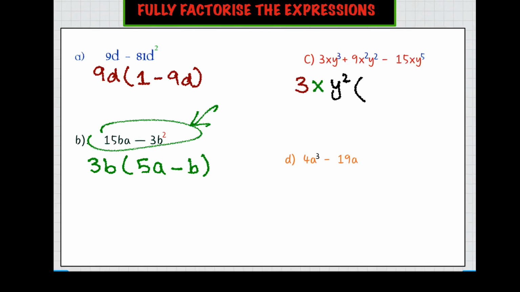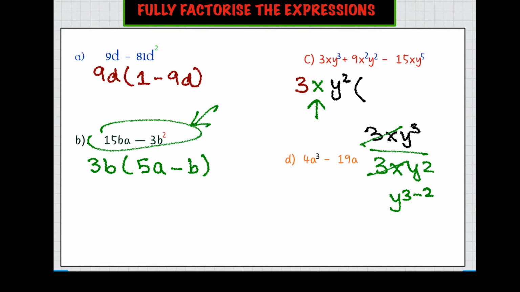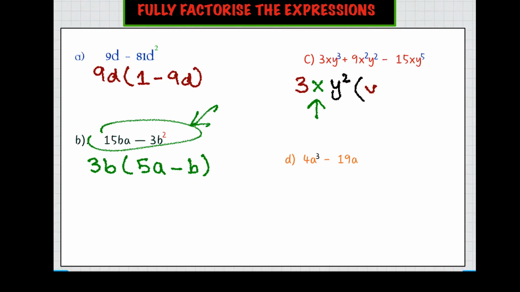And then one way is basically we have 3xy cubed. You can divide it with this part, 3xy squared, which would give us 3x cancels with each other. y cubed divided by y squared, 3 minus 2 gives you just y. So we would just write y here. This is just the in detail explanation of why I am writing y here. We would have y for the first term.